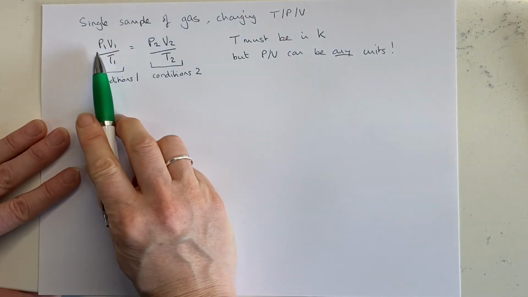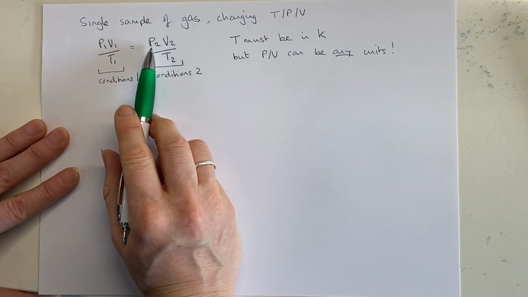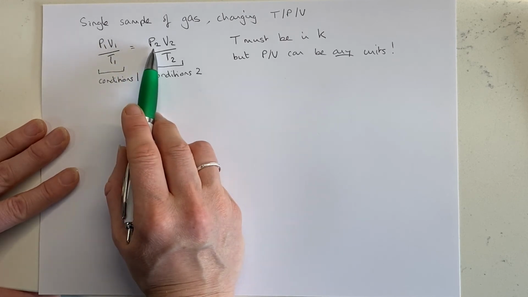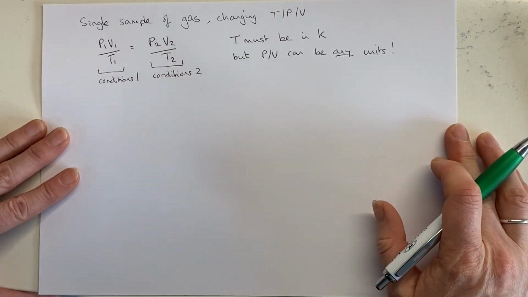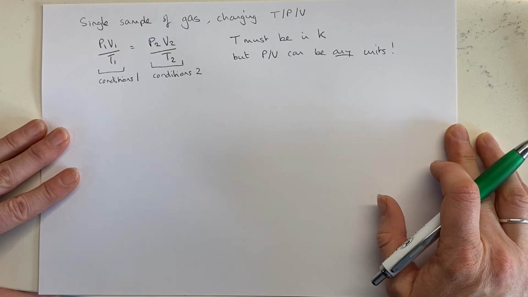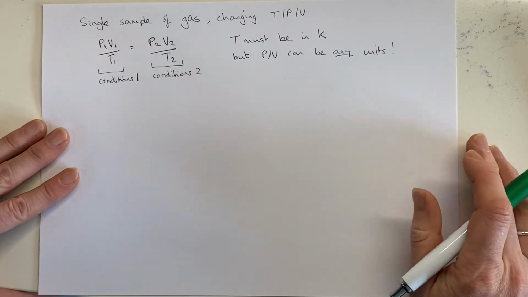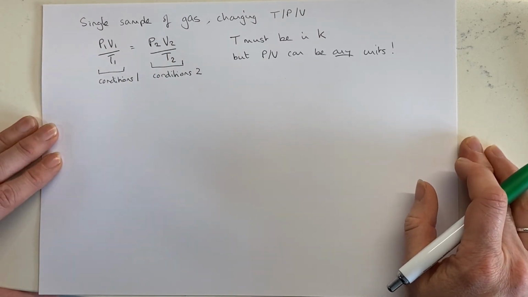So you can't have pressure 1 in pascals and pressure 2 in atmospheres, that wouldn't work, but they could both be in atmospheres or they could both be in kilopascals, same for volume. So they could both be in centimetres cubed. That makes these sums slightly easier.